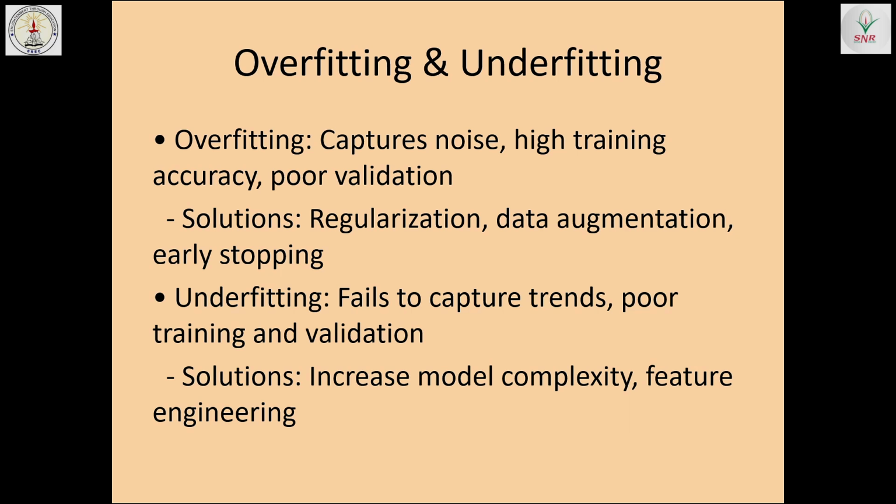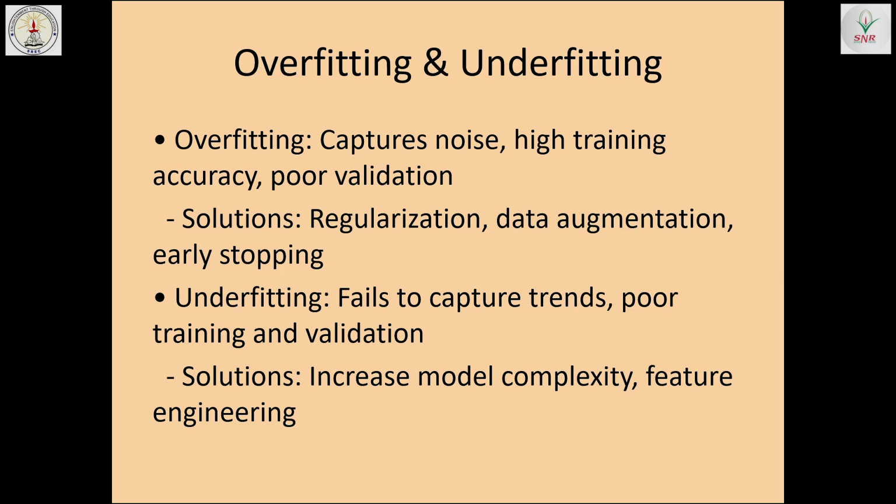So we can go for data augmentation methodologies. And then we have early stopping. Early stopping is nothing but monitoring the validation loss during training, and stopping when the validation loss begins to increase despite continuous improvement in the training loss.